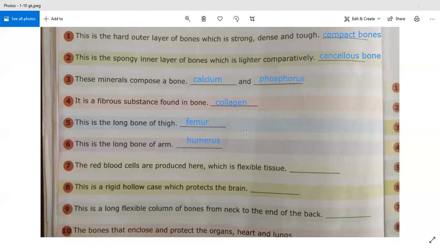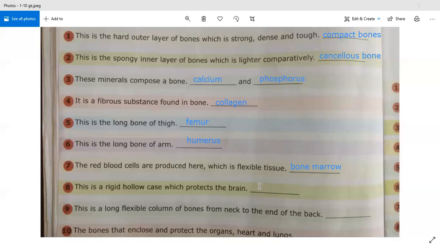Do you know the name of that? Its name is bone marrow. Bone marrow is a place where red blood cells are produced, and it is also very flexible. It is the name of a tissue also.